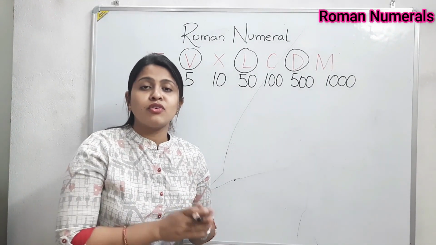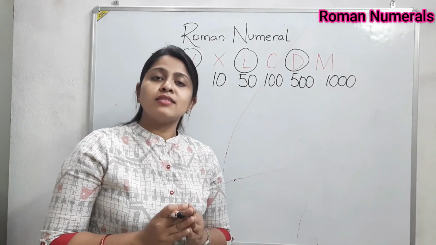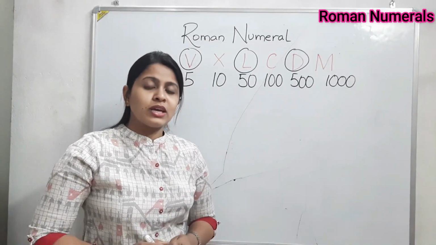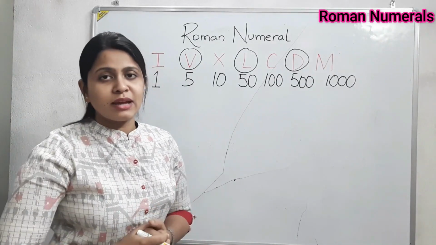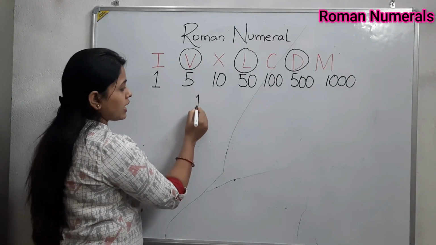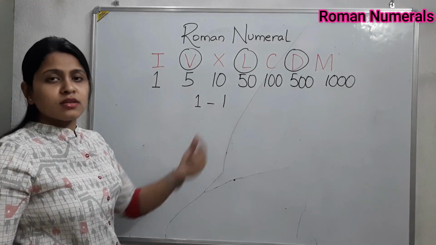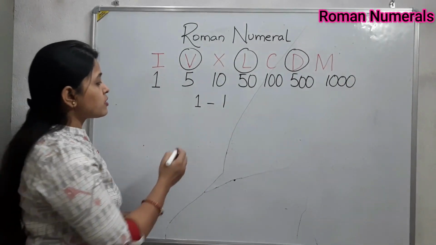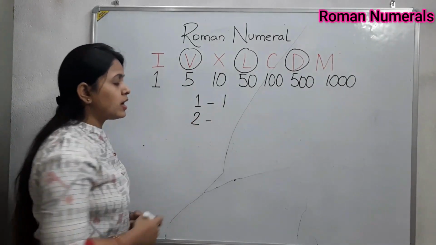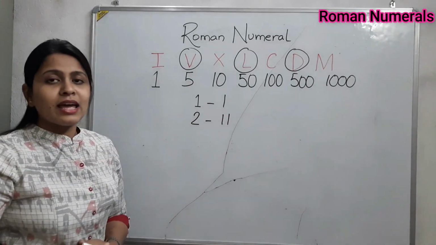Free for what? They can be written 3 times together. Children, suppose I need to write 1. For this I will write this, which is its Roman symbol. Now suppose I need to write 2. I will write it like this.